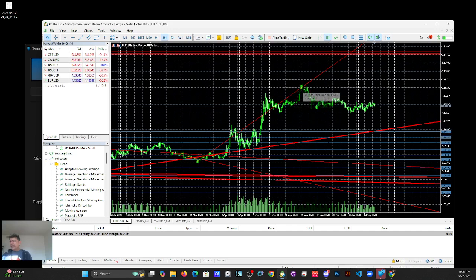So it's possible that this will come down and use this as support, and then go back up for the target here. That's what I think it is doing right now. So it's possible for the next couple of weeks it will come down to this support here, and then return to trying to hit this as a target.